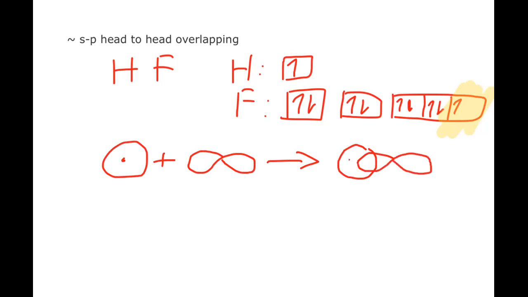This is the nucleus of hydrogen, and this is the nucleus of fluorine. And the molecular orbital for the sp head-to-head is somewhat like this.